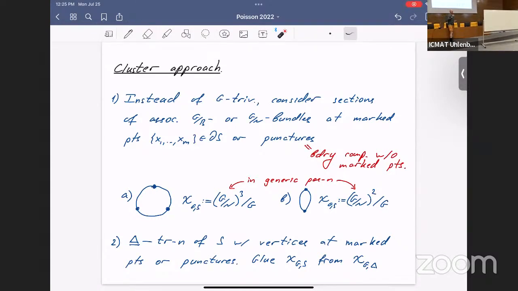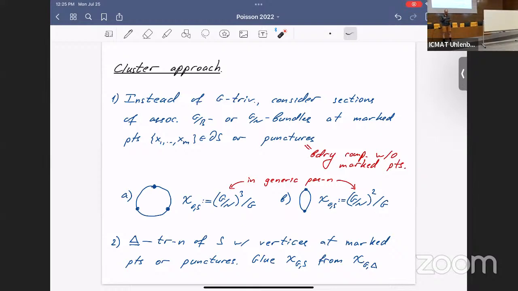Right, so remember how in order to make it an affine variety, we introduced G-trivialization two slides ago. And what Fock and Goncharov suggested is, okay, let's not introduce G-trivializations, but rather let's introduce some G mod B or G mod N trivializations, to say it more precisely. They said, okay, first let's consider a surface with marked points, right?